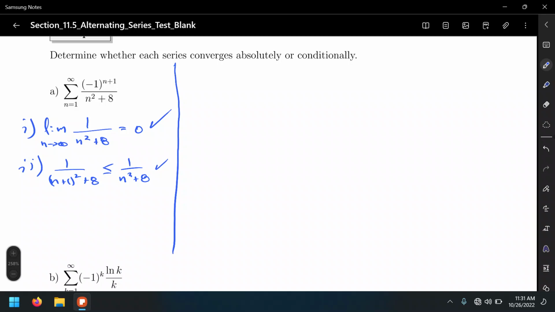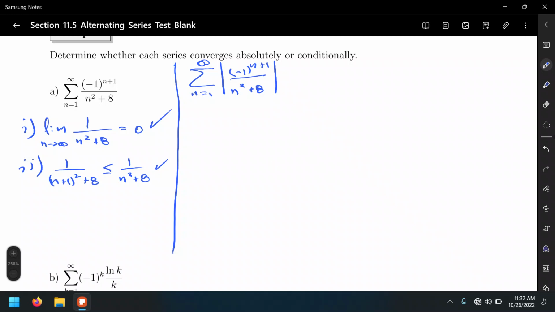And now find the absolute value of the series. So this is what we're going to do. Sigma n equals 1 to infinity of the absolute value of (-1) to the n plus 1 over n squared plus 8. What happens when we take the absolute value of that expression? Well, see that alternating factor, (-1) to the n plus 1?